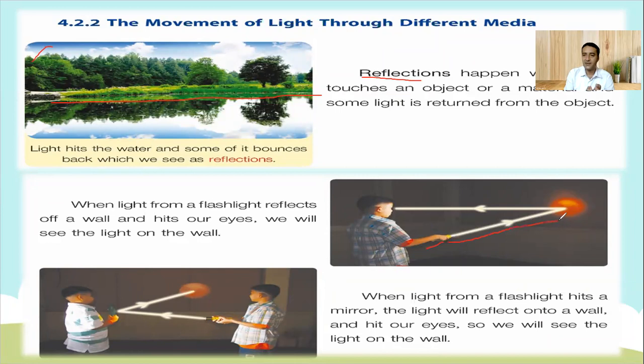The light comes to the wall and from there, with the same angle, it returns back. This is what we call reflection. It's very simple. Reflection happens when light touches an object or a material and some light is returned from the object.